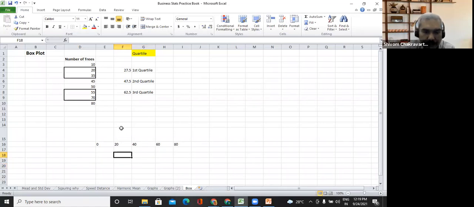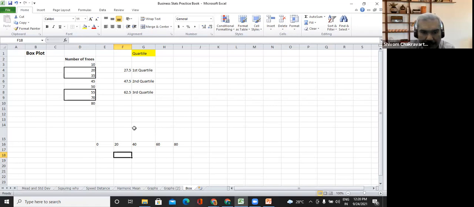We will draw a line here that will correspond to the first quartile. Then similarly, we will draw the second and third quartiles: the first quartile at 27.5, the second quartile at 47.5 here, and the third quartile just above 60, at 62.5.